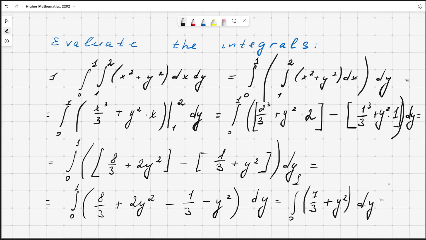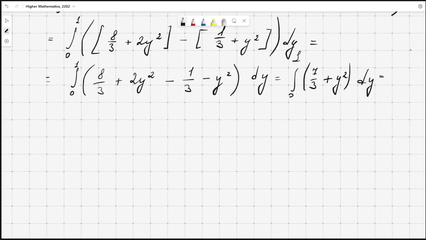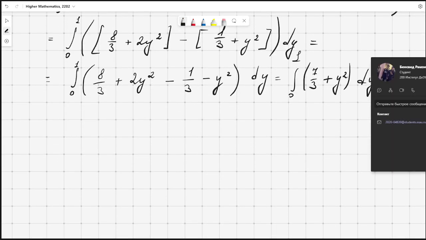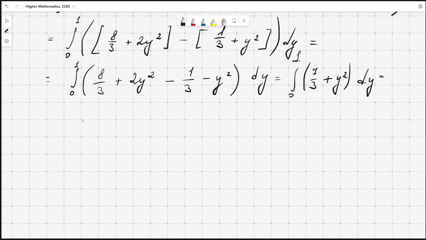Equals, find integral: 7 over 3 with respect to y is 7 over 3 times y. Then y squared dy is y cubed over 3.